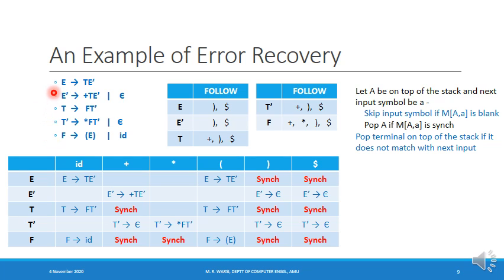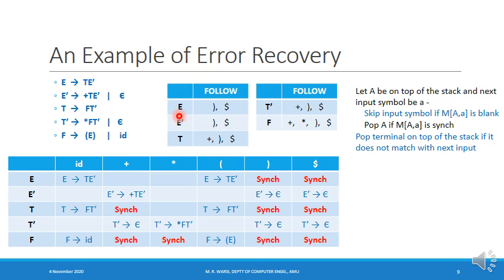This grammar has got variable capital E, E dash, capital T, T dash, and capital F, and the follow of these variables are shown in these two tables. So follow of the variable capital E is right parenthesis and dollar, and so on. Now my error recovery strategy is based upon the idea of selecting follow as the synchronizing token.